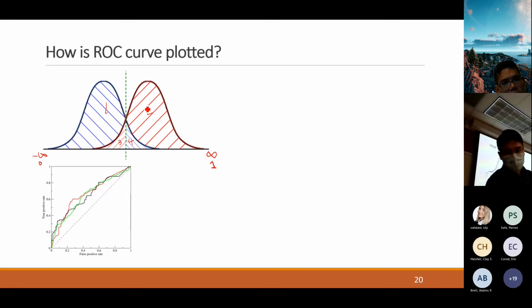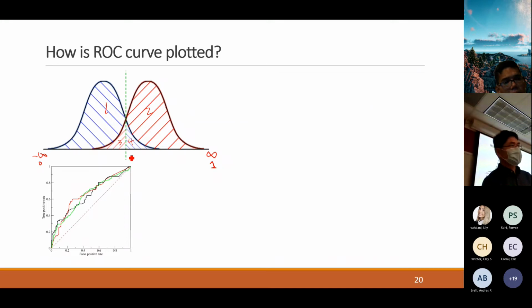There are darker areas and lighter areas. But red always means it's a positive outcome, ground truth. And blue means negative outcome. This line is the decision threshold or prediction threshold. So everything that lies to the right of that line will be predicted positive.